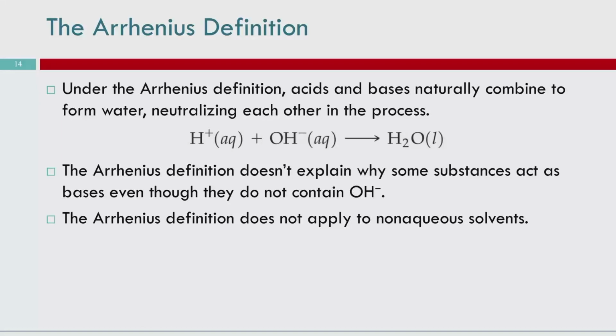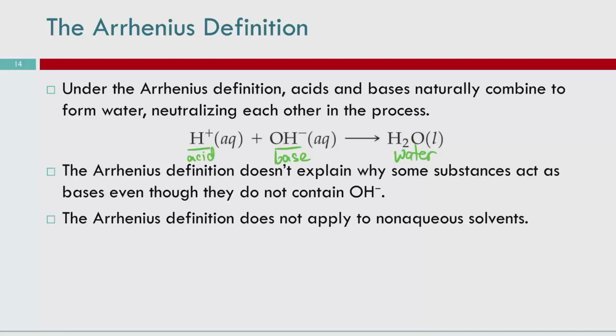Under our Arrhenius definition, acids and bases naturally combine to form water. So we get this net ionic equation for acid-base reactions. We've got the H+, this is acid, reacting with the OH-, the base, to form water, which works for some acids and some bases, but it doesn't work for all of them.